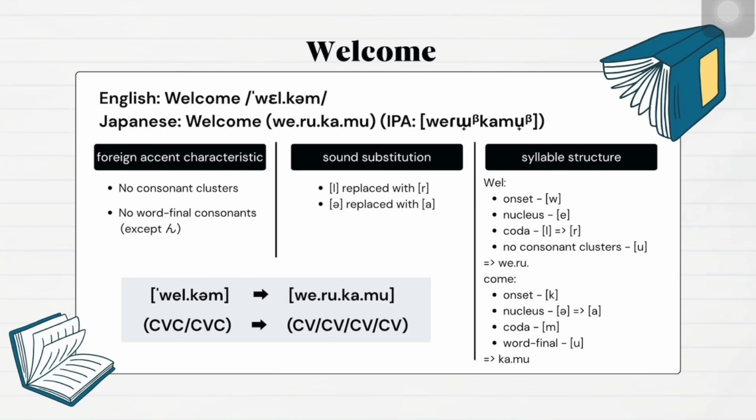As we can see here, the syllable structure of the word welcome will be consonant vowel consonant in English. However, as it is pronounced in Japanese, it becomes weru-kamu with the syllable structure consonant vowel, consonant vowel, consonant vowel, and consonant vowel.